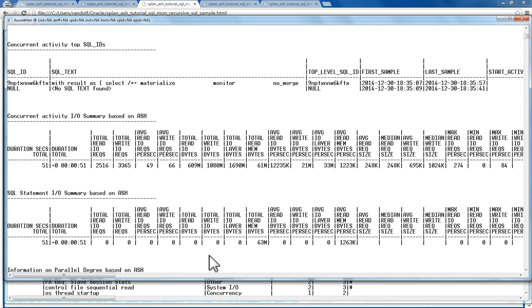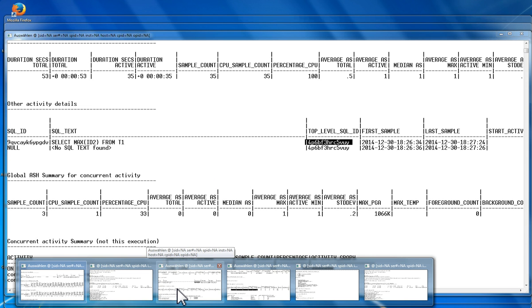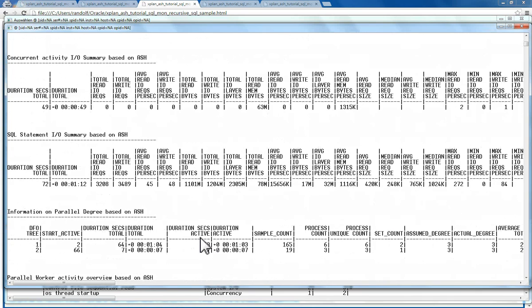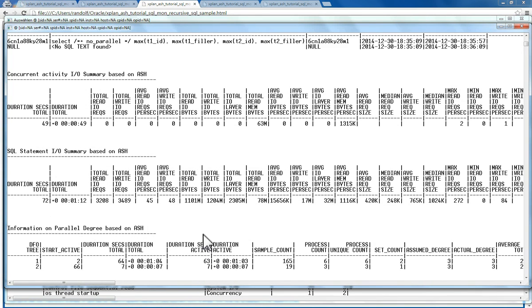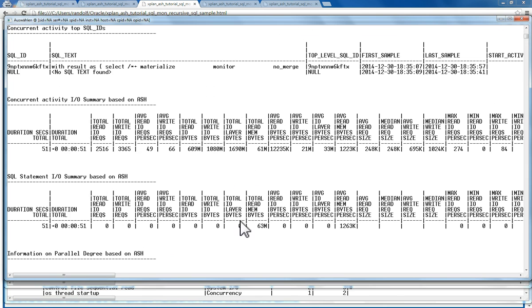Let's have a look at a different example where we actually have some I/O activity. Well, this is just the other one which was analyzed. So you see the concurrent activity corresponds exactly to this main execution and vice versa.